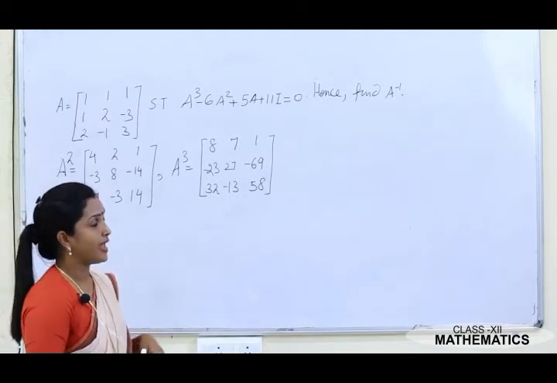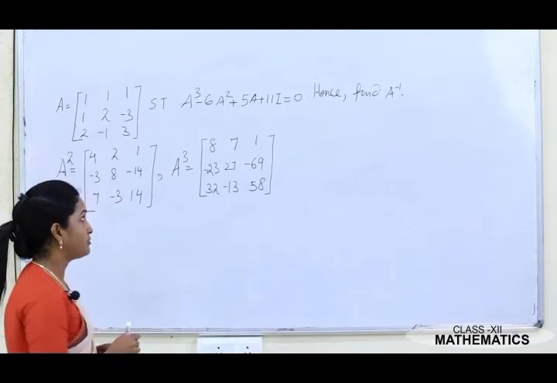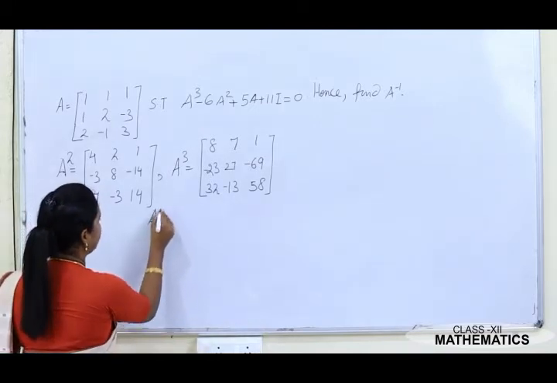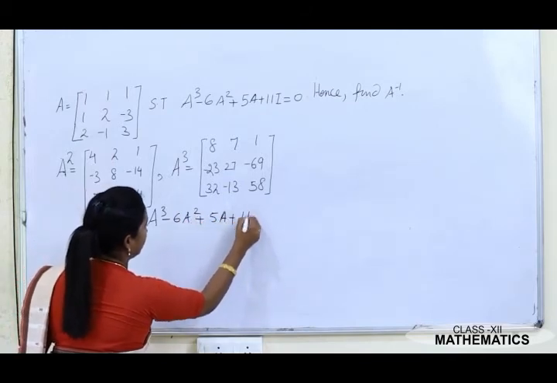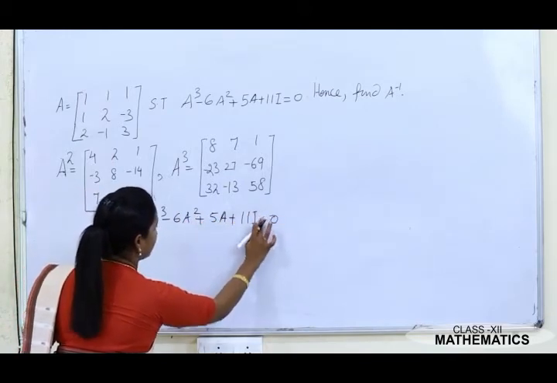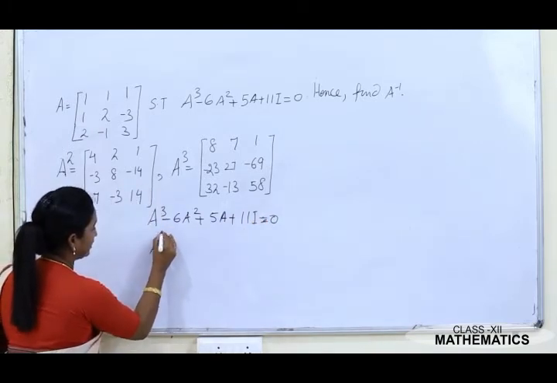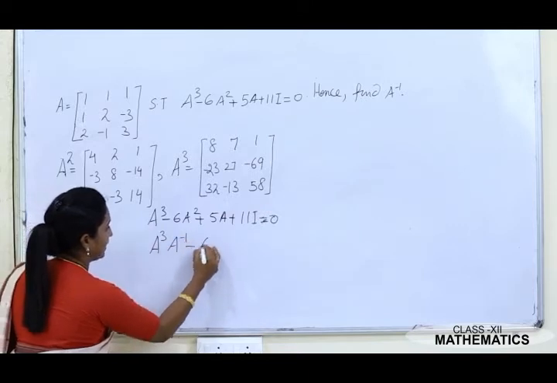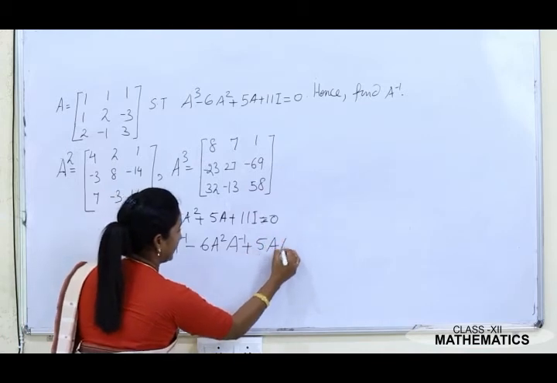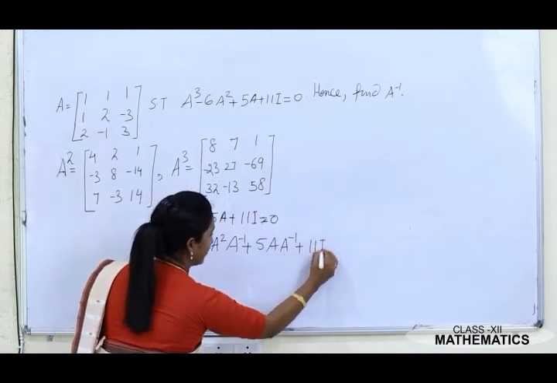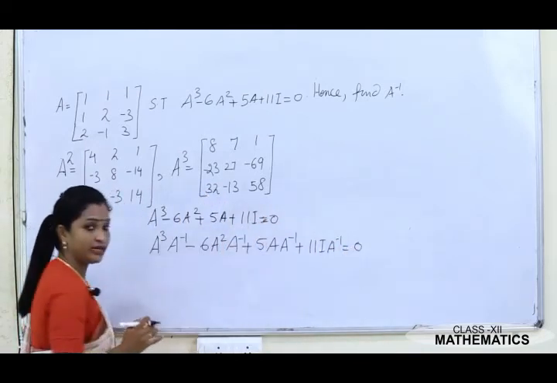Now the next part is hence find a inverse. Same type as we did earlier, same, what will we do with this? We will multiply the complete equation by a inverse. Okay, a inverse. So what I'm doing here, a cube a inverse minus 6a square a inverse plus 5a inverse plus 11i a inverse, that equal to 0. I am multiplying the complete equation by a inverse.